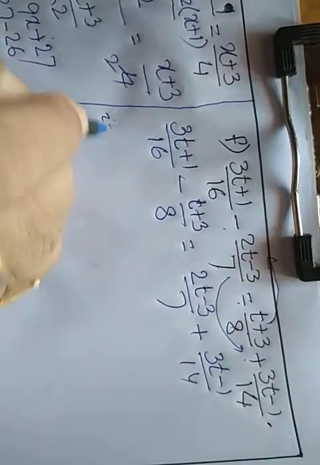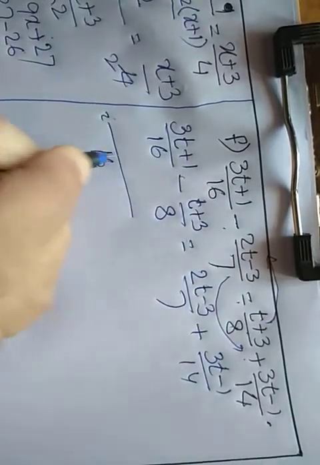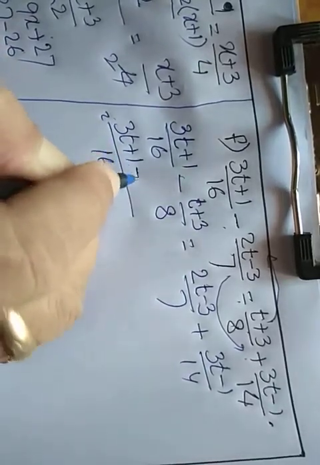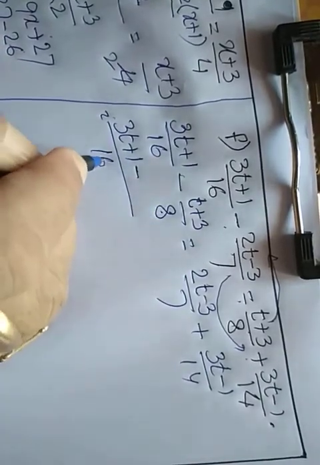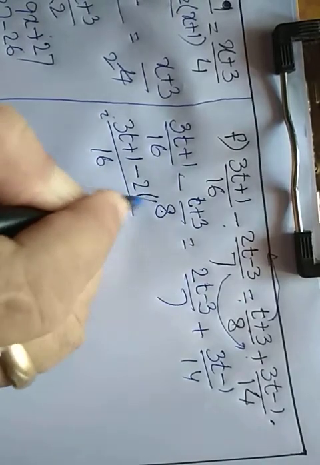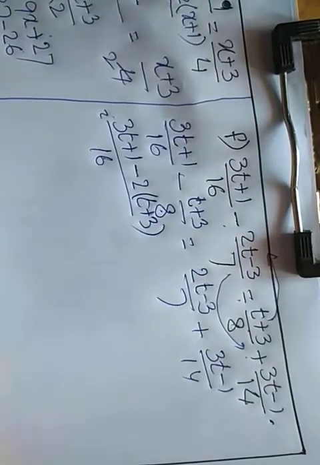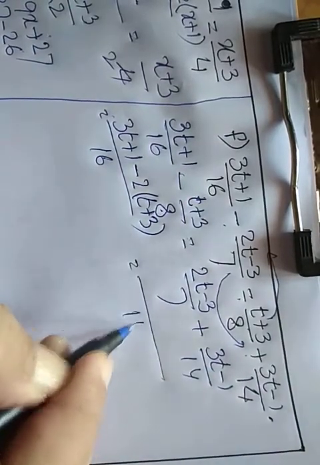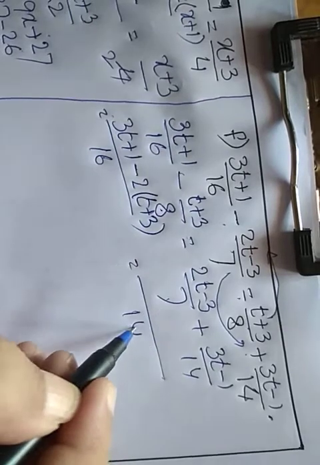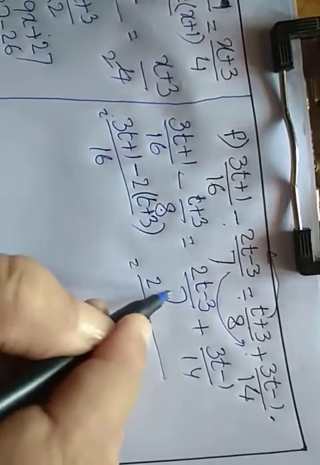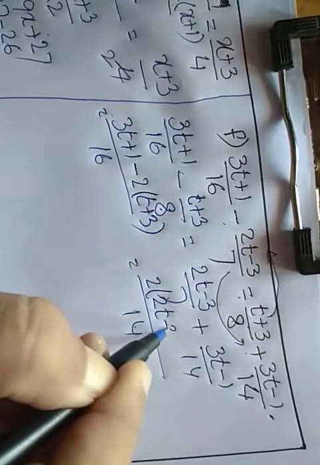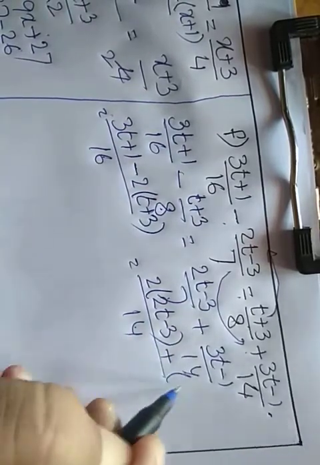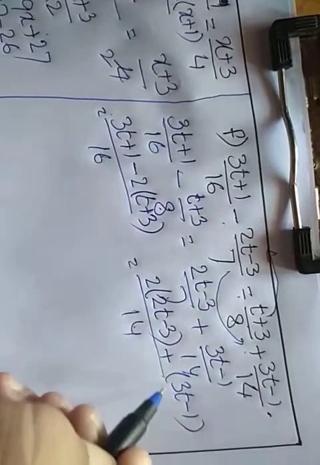Here LCM is 16. So (3t+1) minus 8 twos are 16, so 2 into (t+3). Here your LCM will be 14. 7 twos are 14, so 2 into (2t-3), and 14 ones are 14, so 1 into (3t-1). Clear?